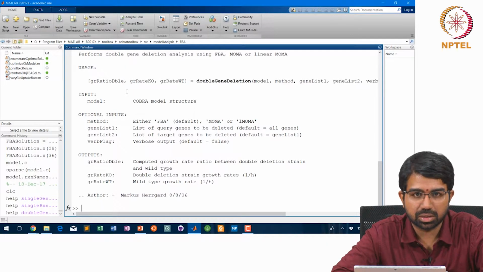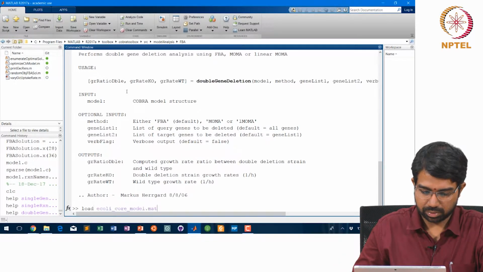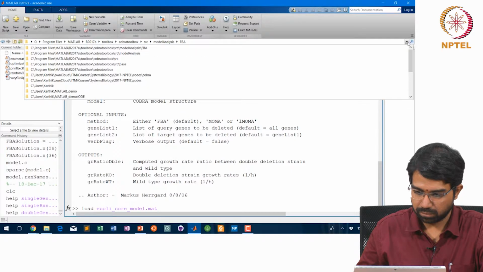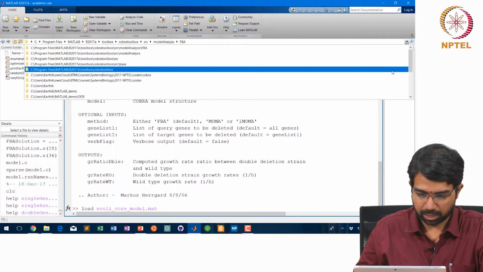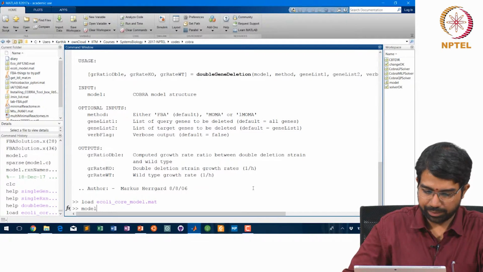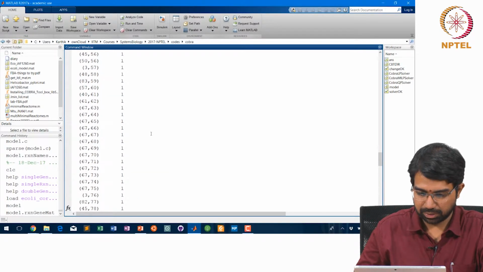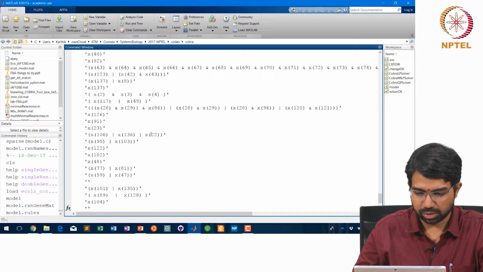Yes, the model has that information. So, if you look at these model.rxn gene mat, that is one place where this information is. I do not think it is there in rules. Yeah, rules also has this information.